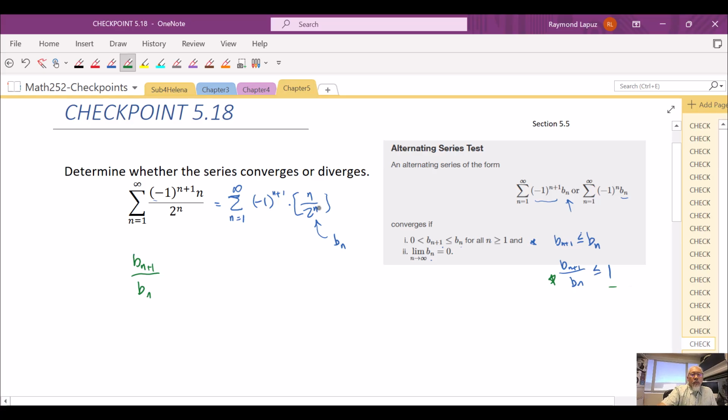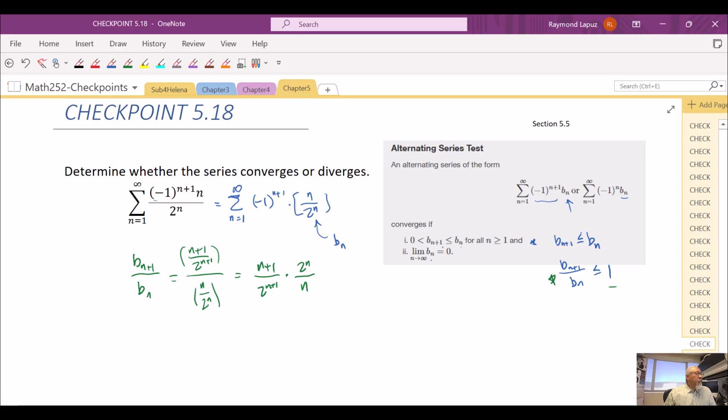All right, b sub n+1 is going to be n+1 divided by 2^(n+1), and we will divide that by b sub n, which is just n divided by 2^n. Whenever we do this division, we consider doing the multiplication of the inverse. So (n+1) divided by 2^(n+1) times 2^n divided by n.